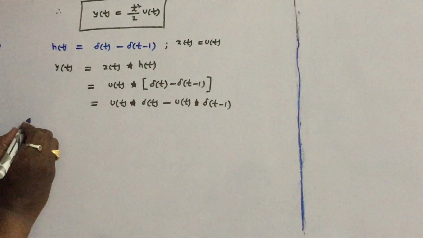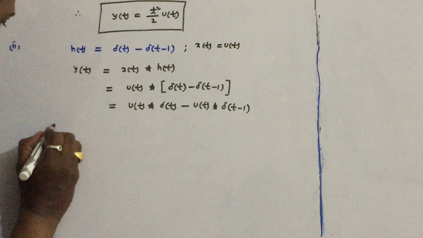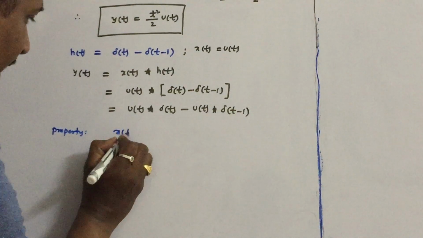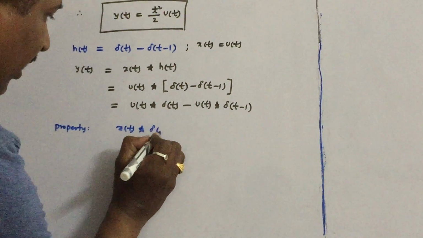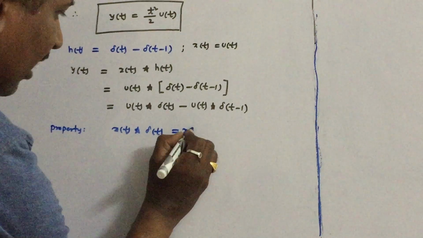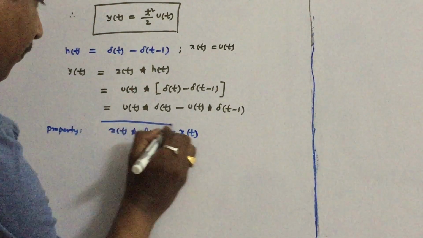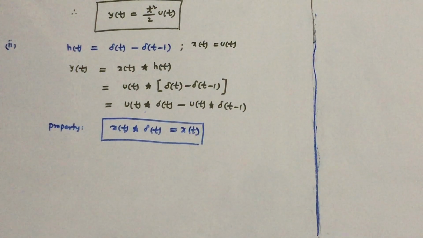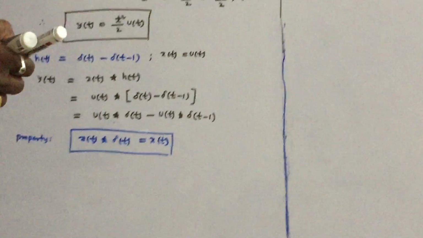In the previous class, on properties of convolution, we have discussed this property: x of t convolution with del of t is the signal itself. So use this property for these two terms. What is your y of t?